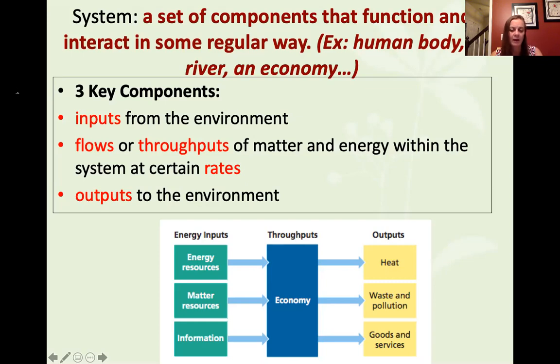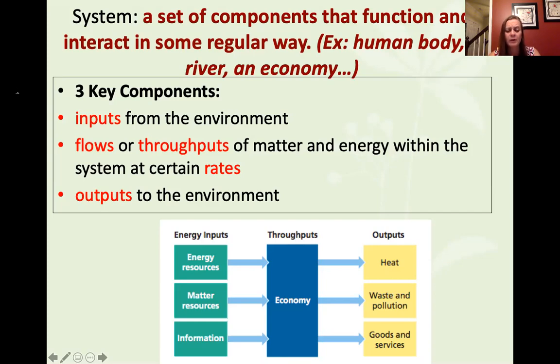When we talk about the output of the economy, certainly heat, waste, and pollution are outputs, but also goods and services. We could look at energy inputs from a human perspective, so we could look at human labor as one of our energy inputs into the economy.